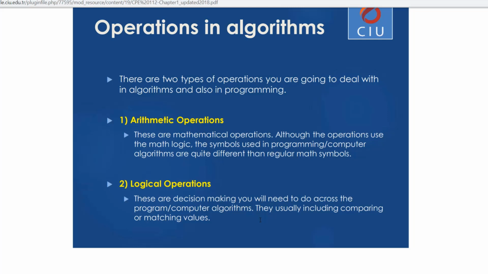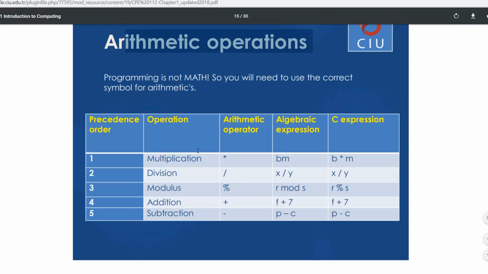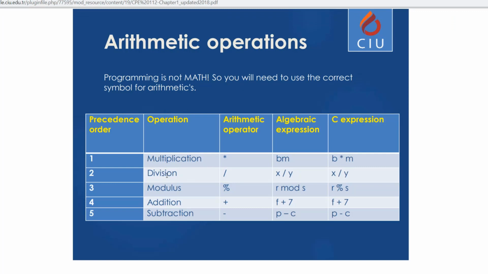And when you need to take a decision or repeat a certain condition until it matches a criterion, then you use a logical operation. Each of these is represented differently in the algorithm. Arithmetic operations can be divided into mainly 5 categories: multiplication, division, modulus, addition, and subtraction.